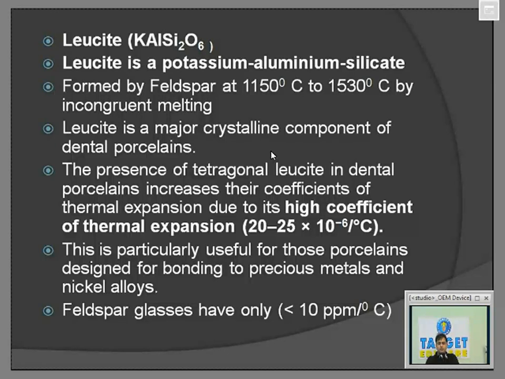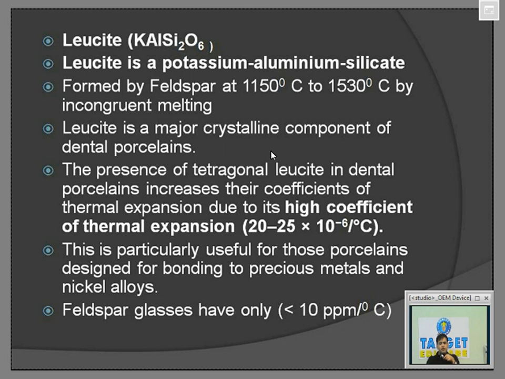Lucite is potassium aluminum silicate. It is formed by feldspar at 1150 degrees centigrade to 1530 degrees centigrade by incongruent melting. Lucite is a major crystalline component of dental porcelains.